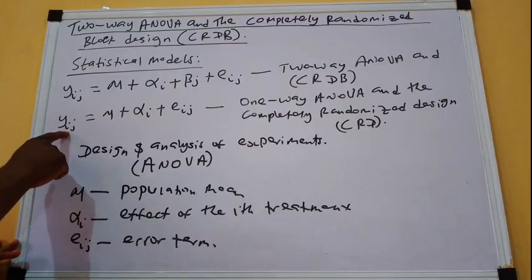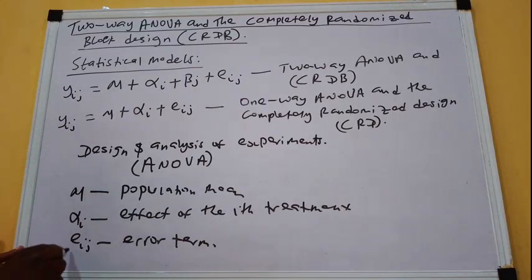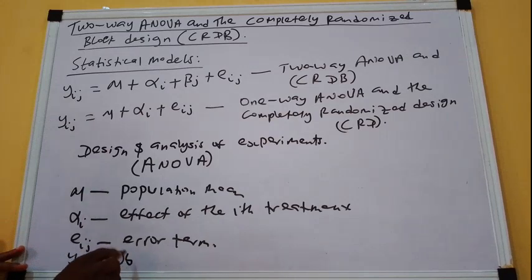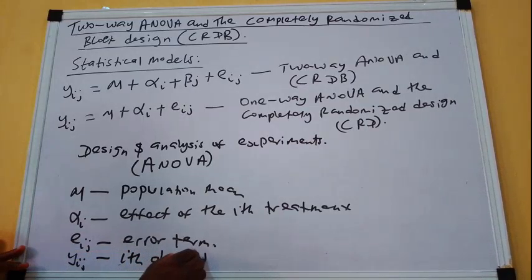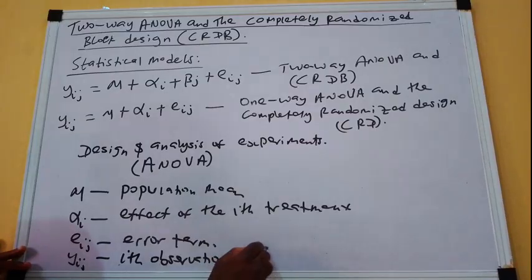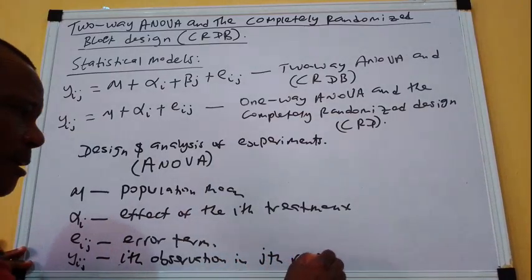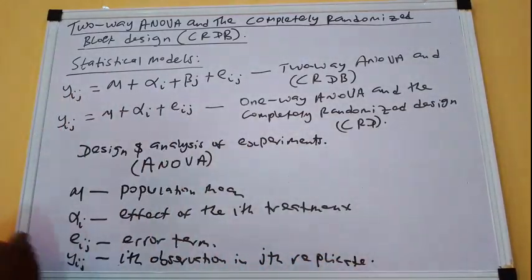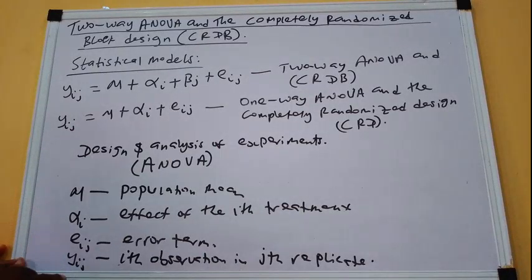Then this y_ij means the observations, or you can say the ith observation in j replicate. So that is what the y_ij is.